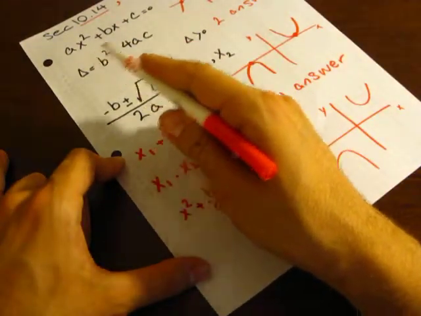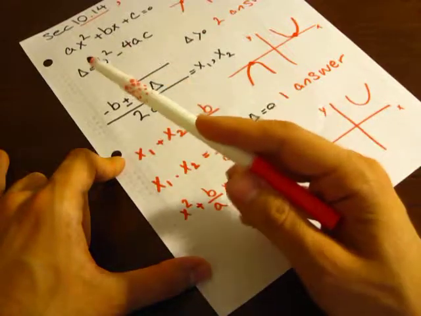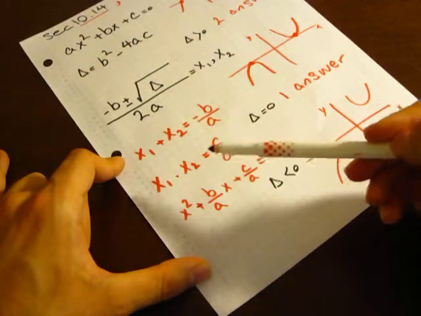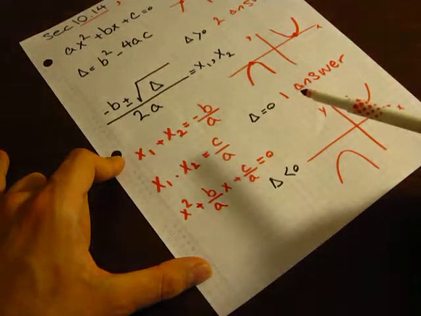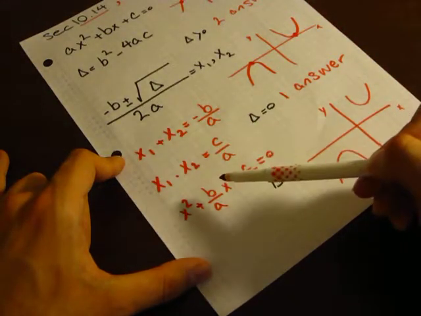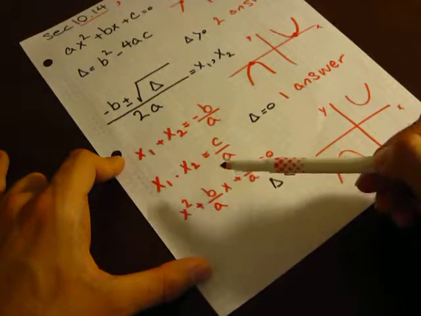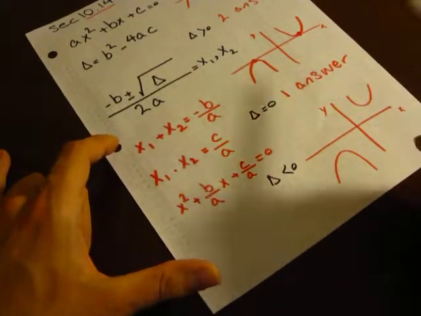I just divided the first equation by a, so I'm getting rid of a, which gives x squared plus b over a x plus c over a equals 0. So the only thing you need to do is change the sign of the sum of roots, and you're going to have your quadratic equation.